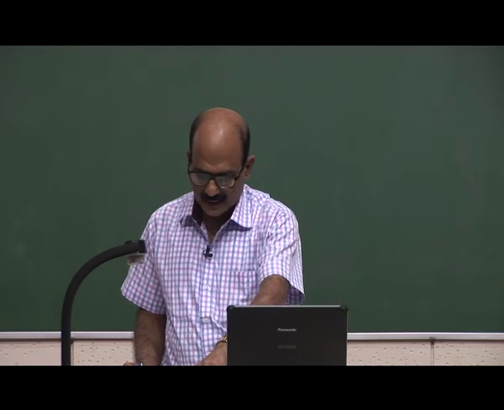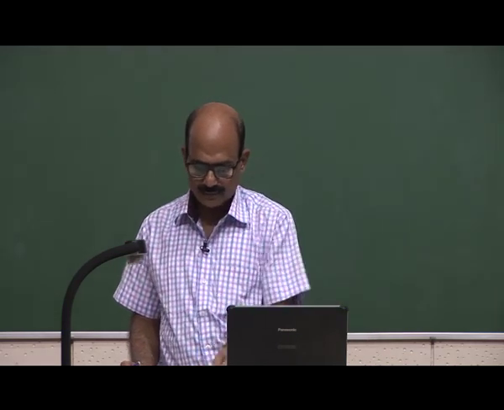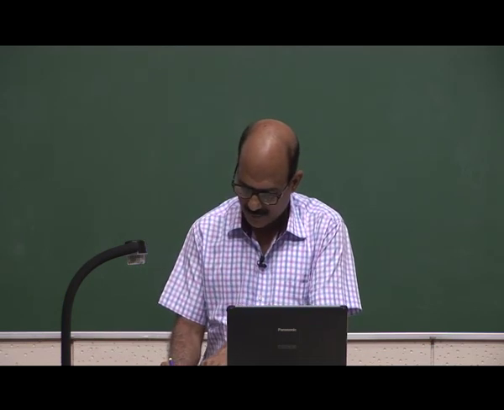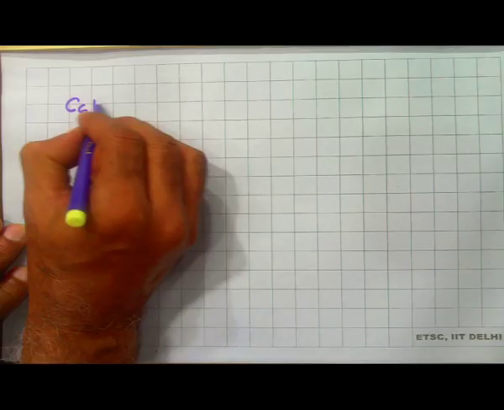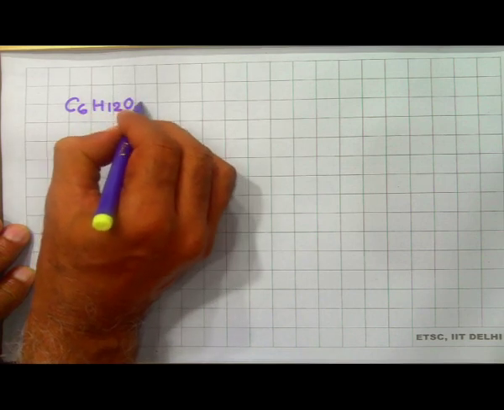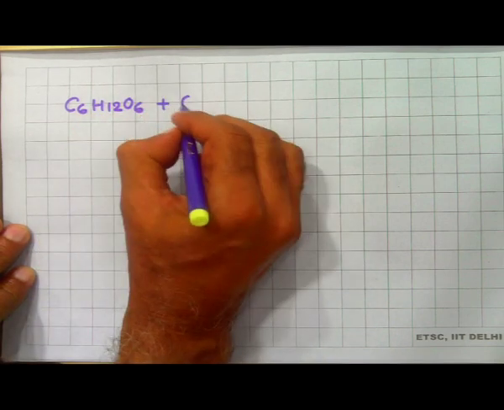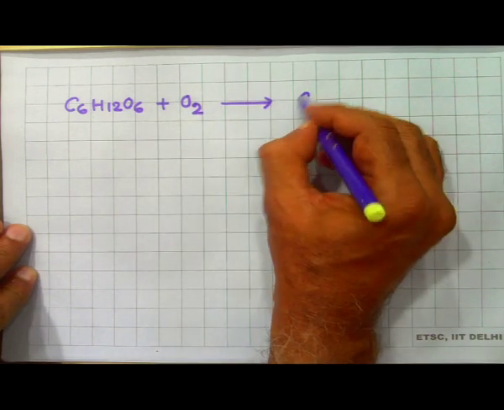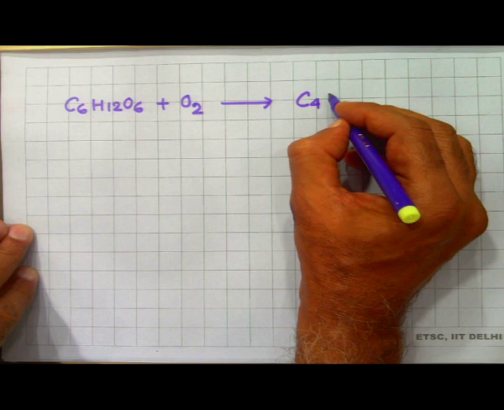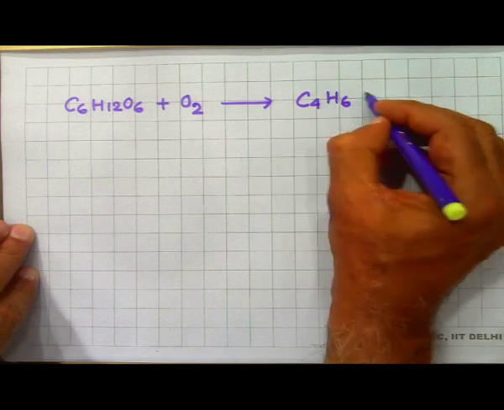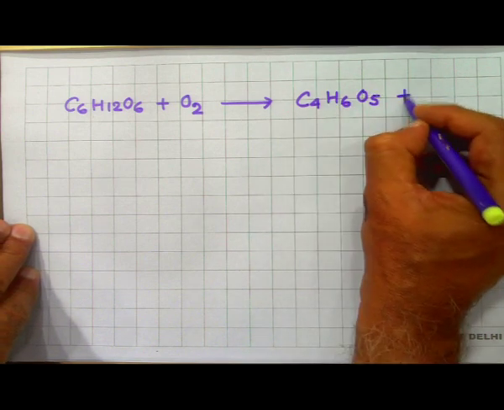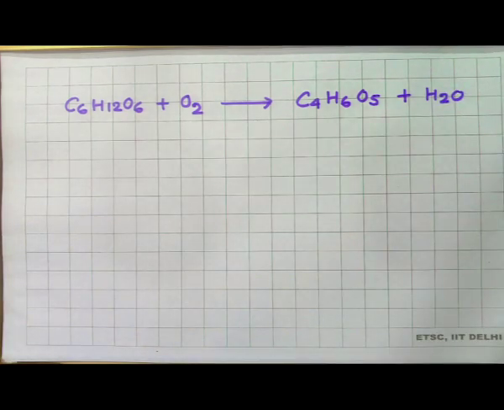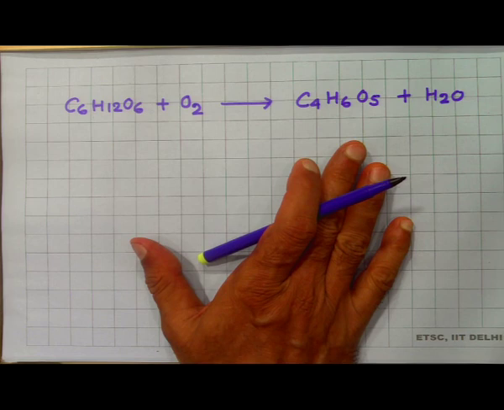Okay. Let us consider another example of another reaction, like C6H12O6, when combined with oxygen, it forms malic acid and water. In this reaction, you will find that there is no release of carbon dioxide.